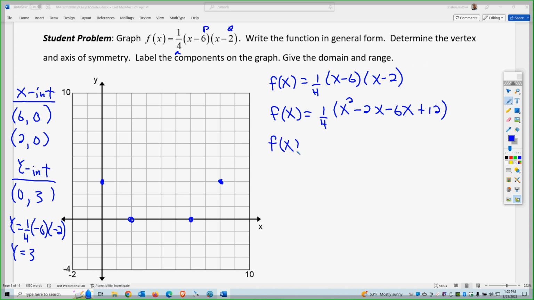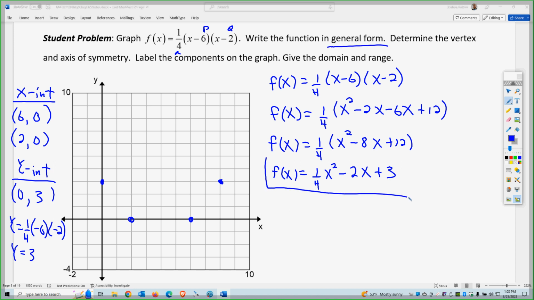So f of x equals 1/4 times (x squared minus 8x plus 12). So we distribute the 1/4. I get 1/4 x squared minus 2x, I'm sorry, 8 divided by 4 is 2. I'm just copying the 1/4 down. And then 12 divided by 4 is 3. Okay, so that's my general quadratic form, right?